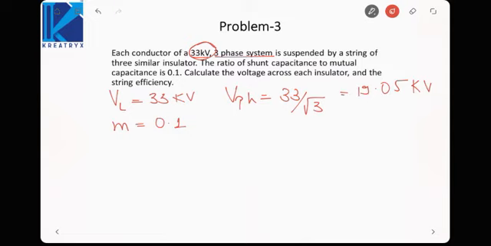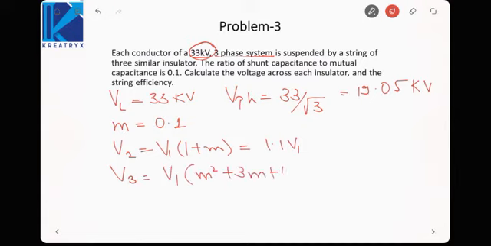We need to find voltage across each insulator and the string efficiency. Now we know V2 is equal to V1 into 1 plus M, that is 1.1 V1. V3 is equal to V1 into (M square plus 3M plus 1). So that is 1.31 V1.